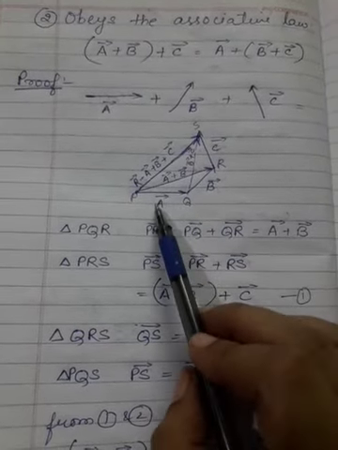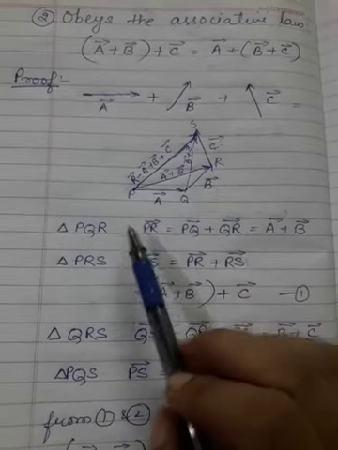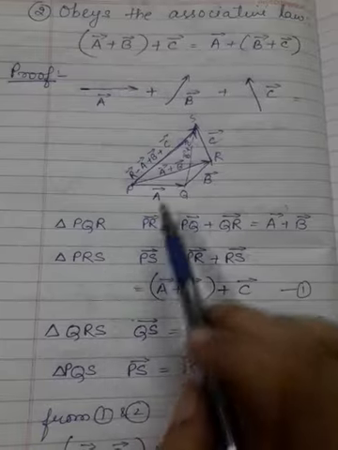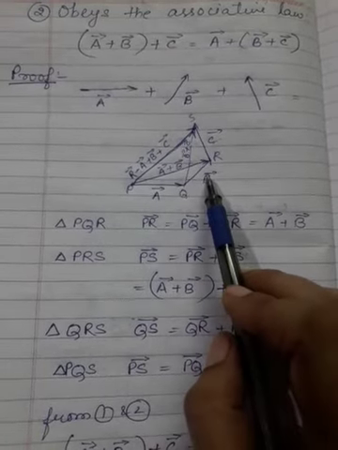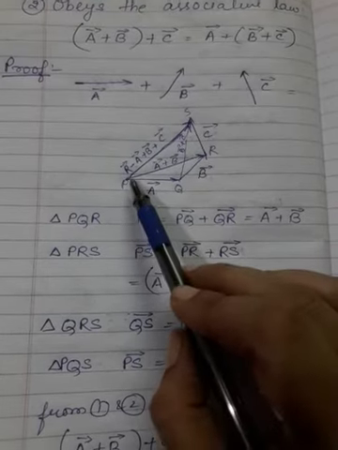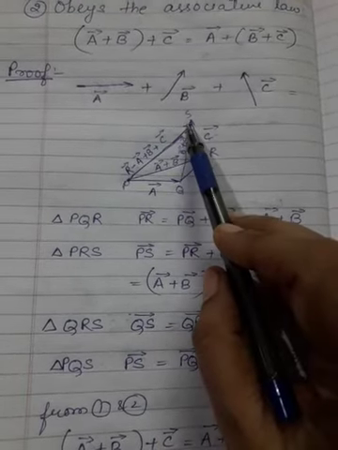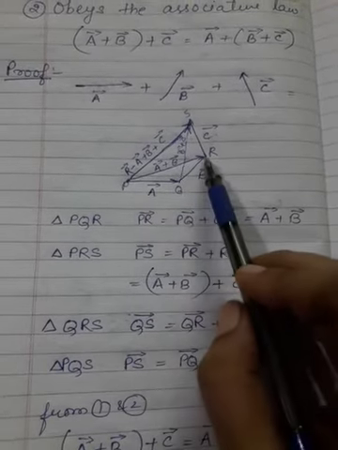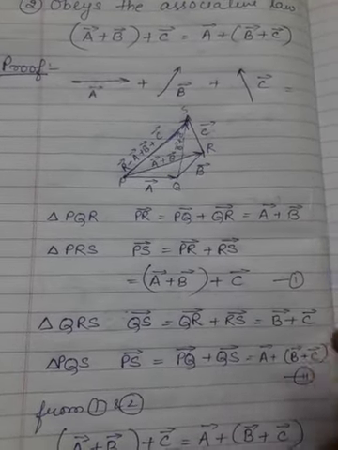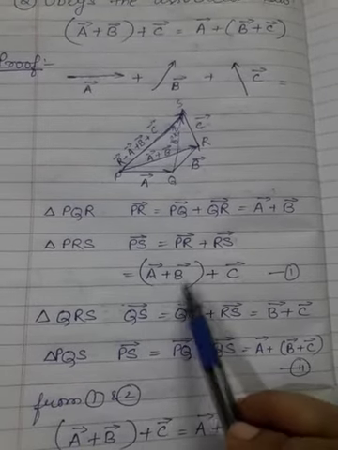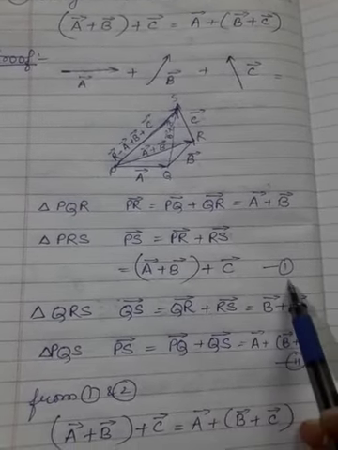That means vector PR is equal to vector PQ plus vector QR, which is vector A plus vector B. Now I am taking another triangle PRS, in which vector PS is equal to vector PR plus vector RS. That means vector A plus vector B plus vector C. Let it be equation number 1.